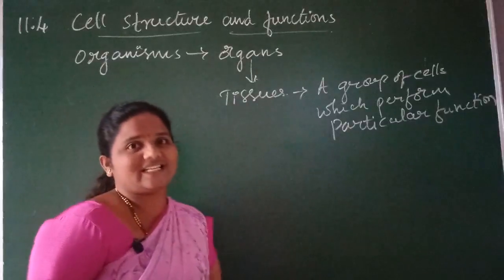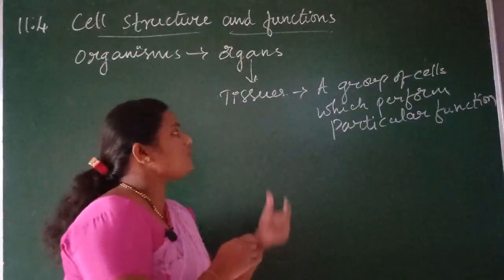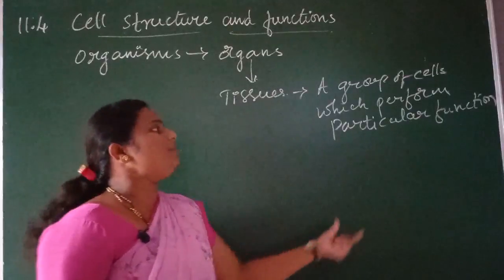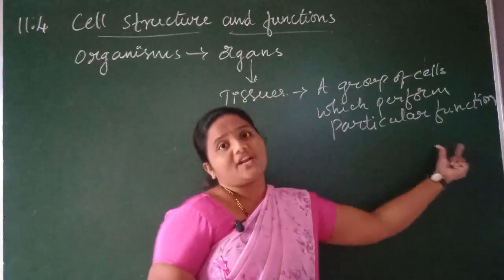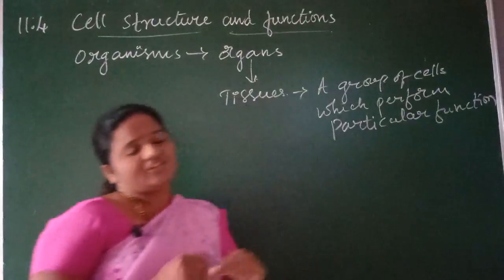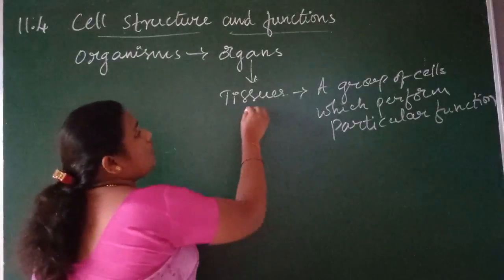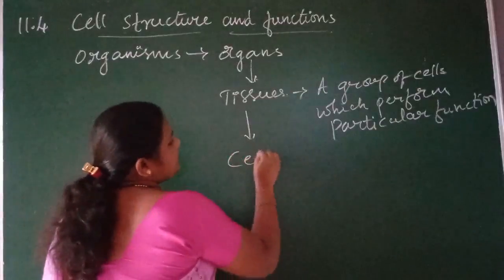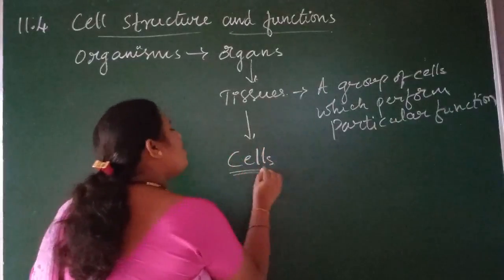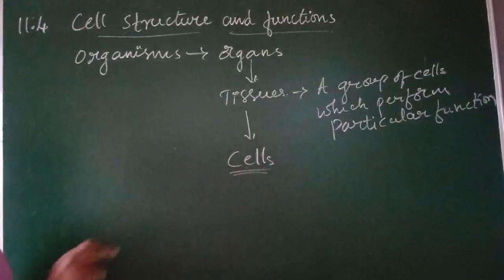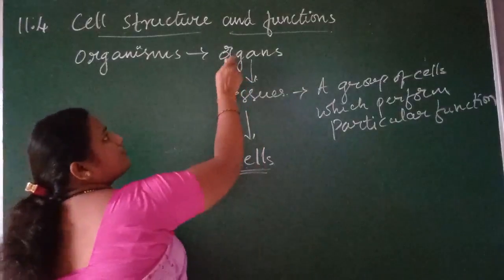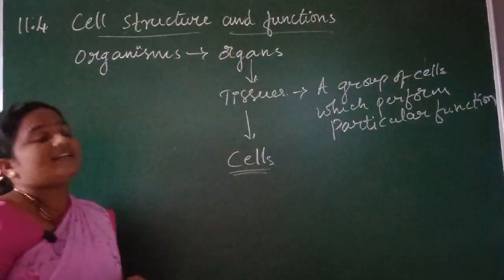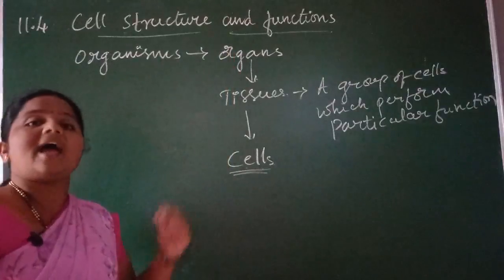So, the cells which constitute a tissue perform the same, particular function. How are these tissues forming, children? By cells. So, cells are the main things to form tissues, tissues will give rise to organs, and organs will give rise to an organ system, or an organism.